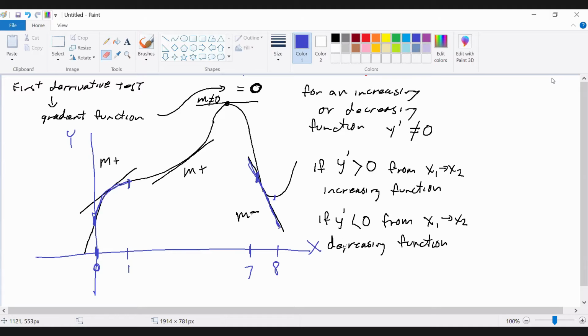Why is it decreasing? Okay, are we clear on this? Yes or no? Yes, teacher. Okay, so let's solve some examples.